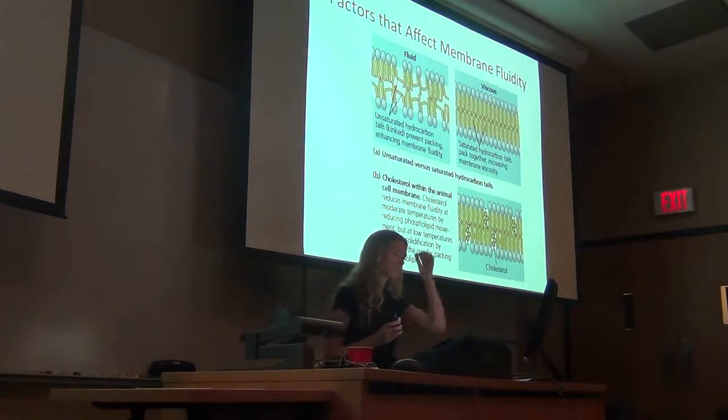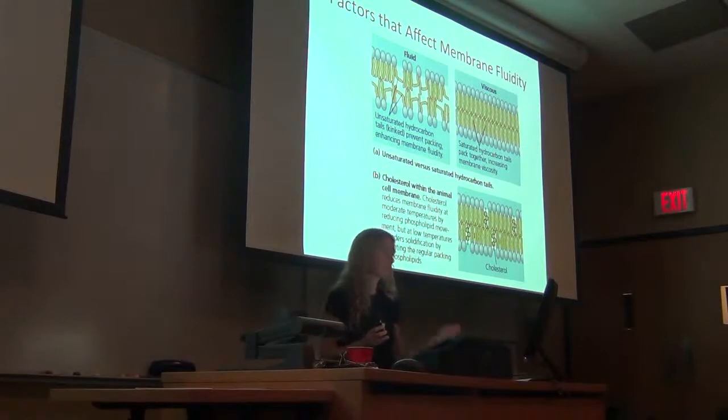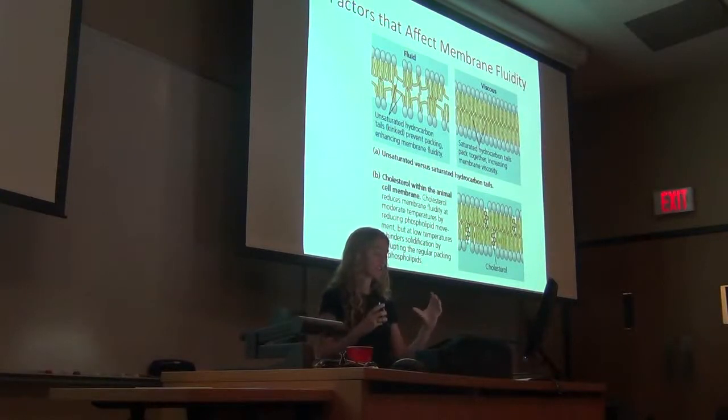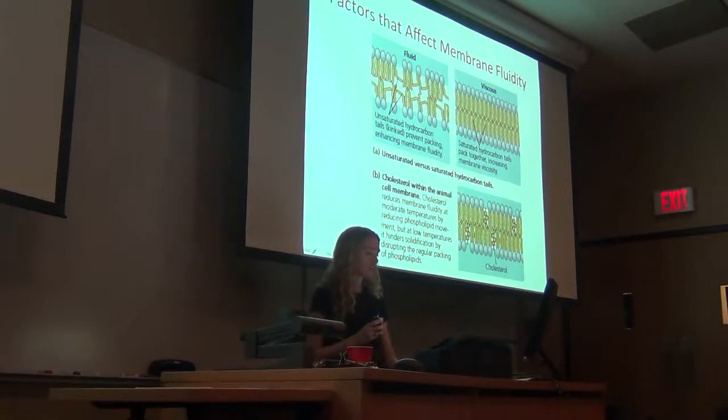What are some of the factors that affect fluidity of that membrane? We started to say this, but I wanted to show the image as well. We talked about saturated and unsaturated fatty acids. Those structures behave very differently when they're packed into a membrane structure. So these unsaturated hydrocarbon tails are kind of bent.